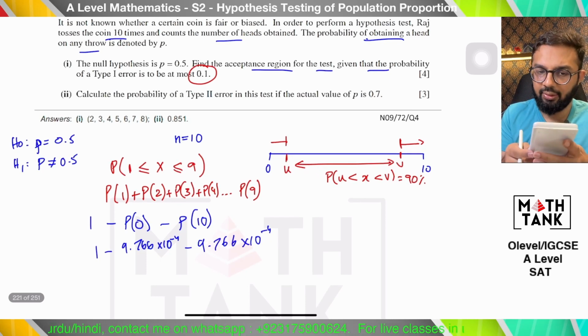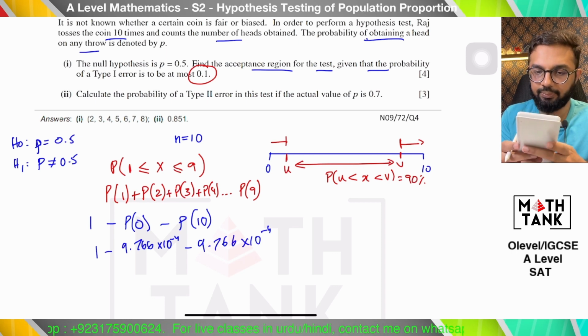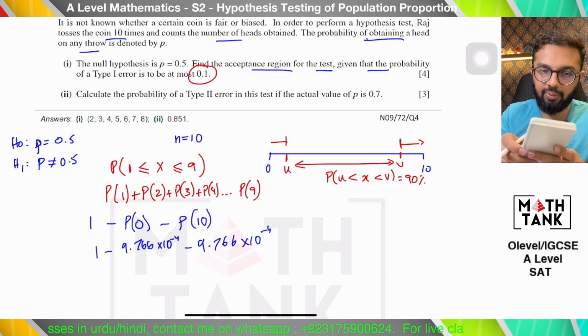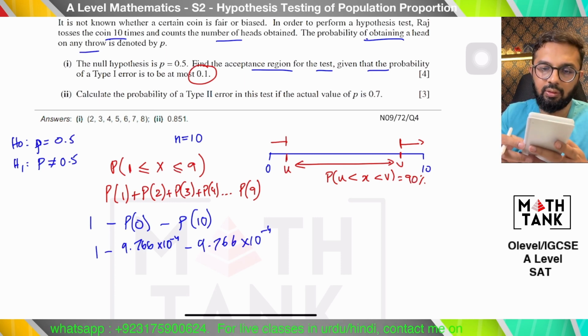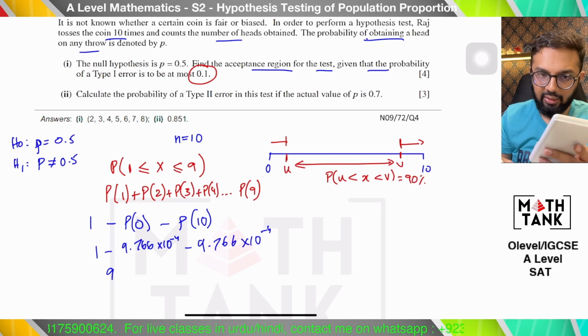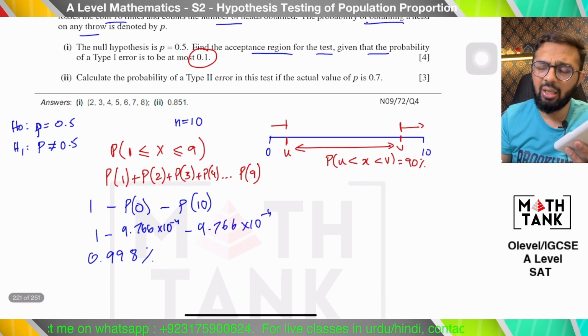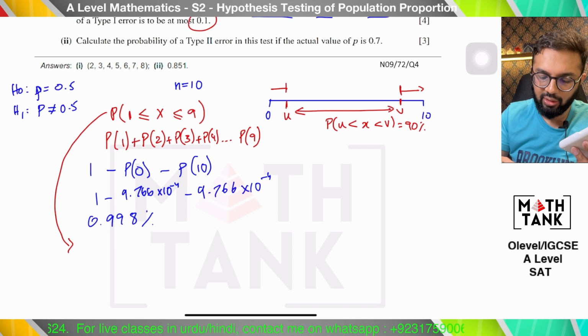We'll talk about that later on. So 1 minus 2 times 9.766 times 10 to the power minus 4 gives me a 99.98% acceptance region. That's not what I wanted. I wanted something around 90%, so I'm going to make this region narrower.